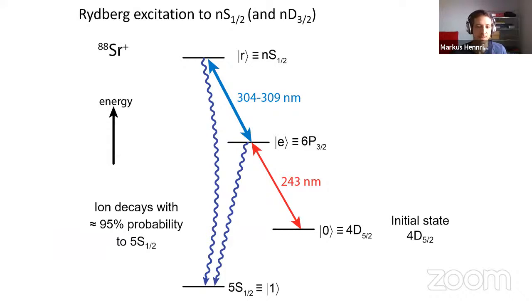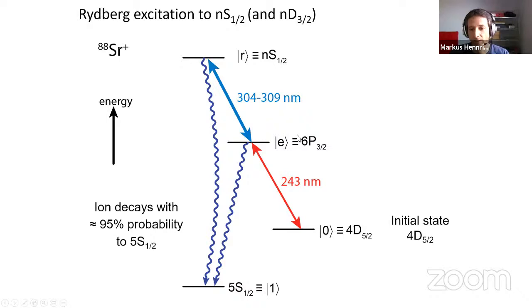So our system, as I said, uses strontium, and here you see the energy levels of the strontium that we are using. As I said, we have the 5S1/2 ground state as qubit state 1, the 4D5/2 metastable state as qubit state 0, and we now excite the ions from this metastable qubit state 0 by a two-photon excitation into Rydberg states.